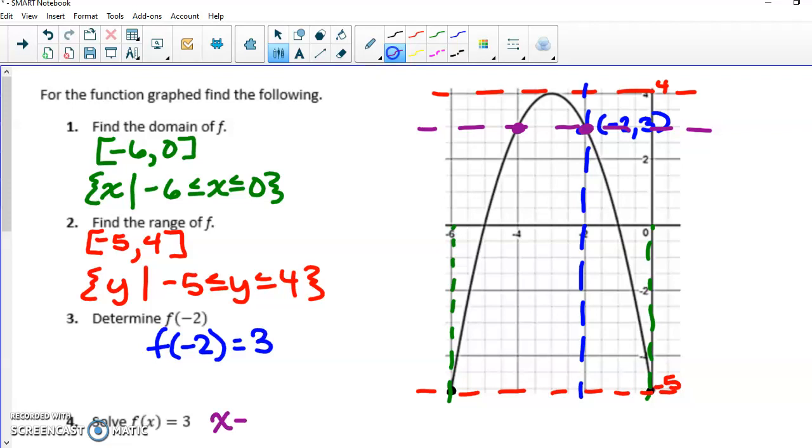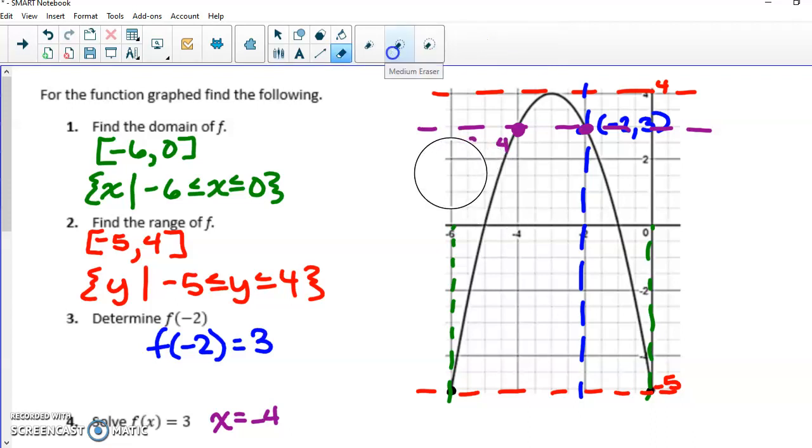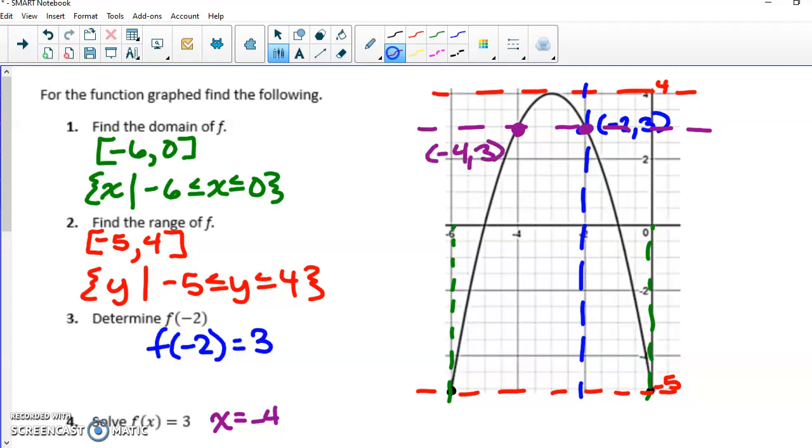So x equals -4 right here, and we also have -2, which we actually did employ in step 3.